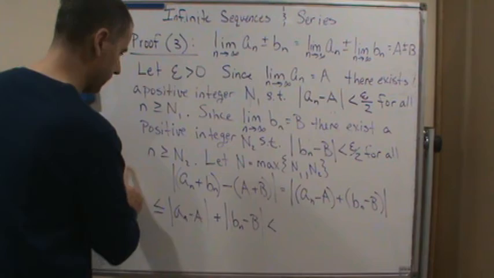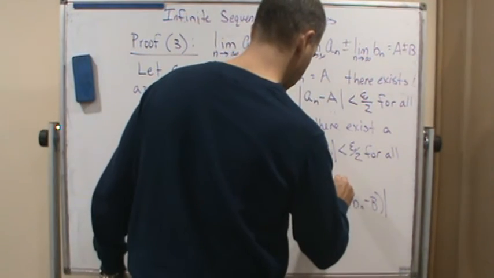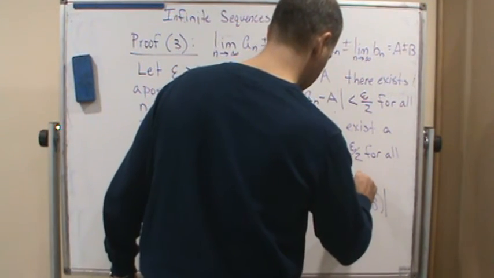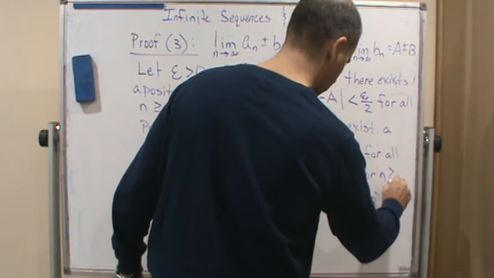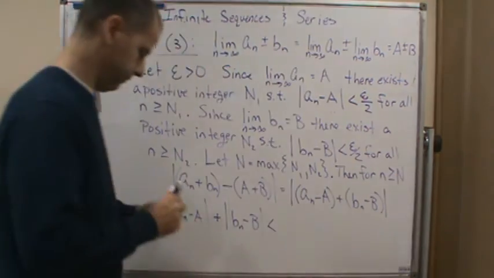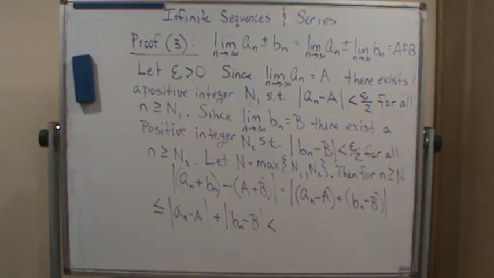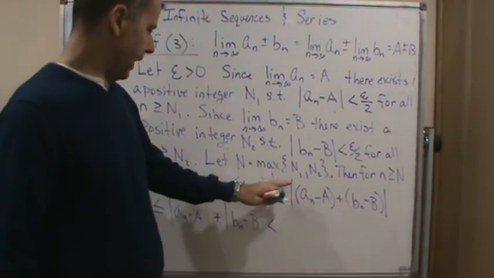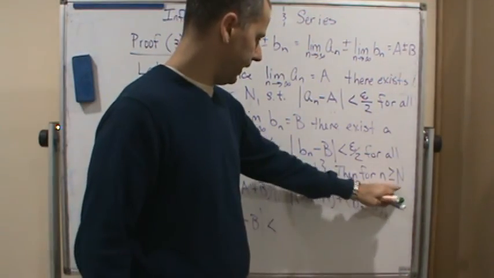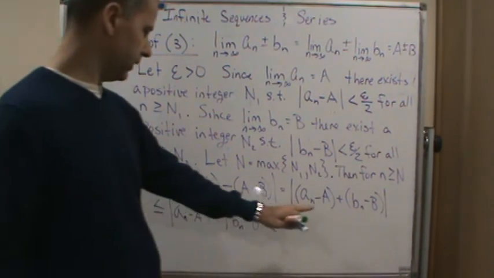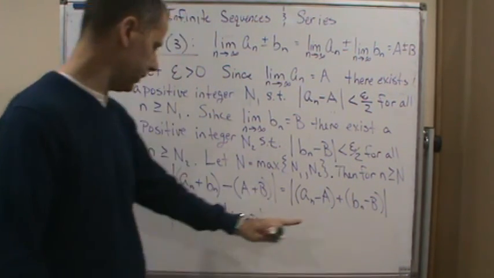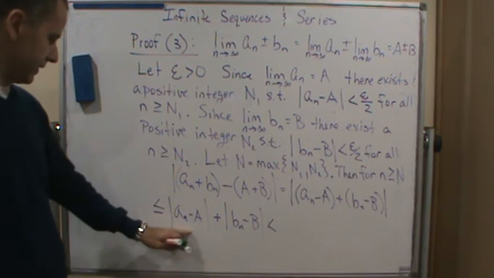So if I let n be the maximum, then for all n greater than or equal to that maximum, we know this is equal to this, and then by the triangle inequality, has to be less than this.